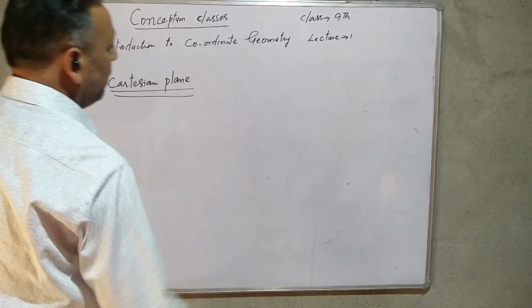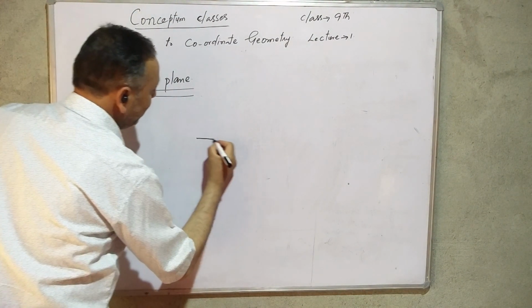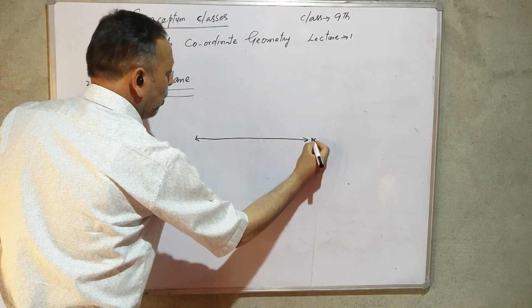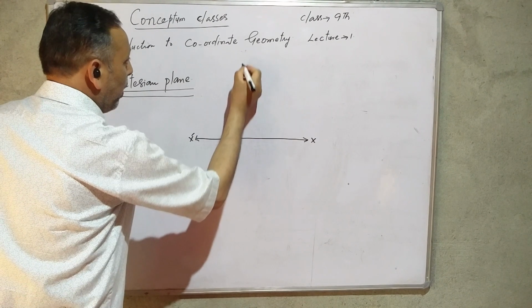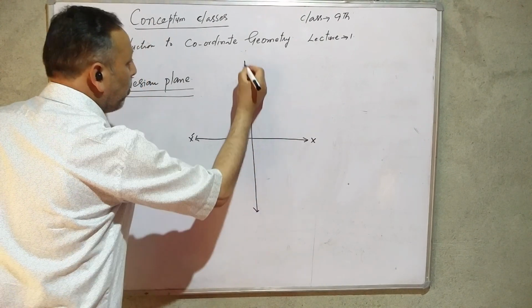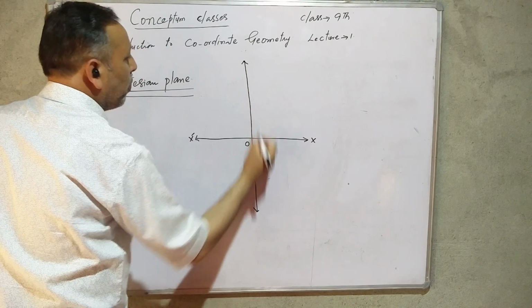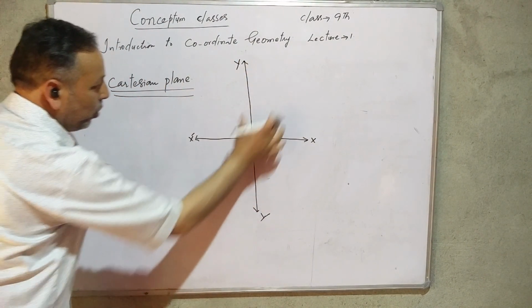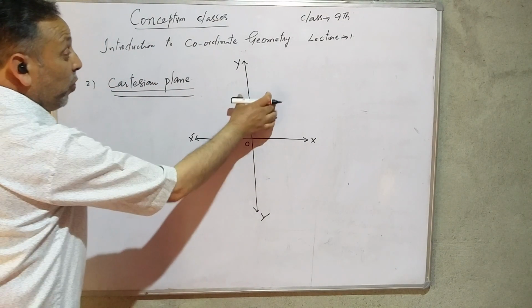Now, you are seeing that the x-axis and y-axis have divided the plane into 4 parts, into 4 quadrants.